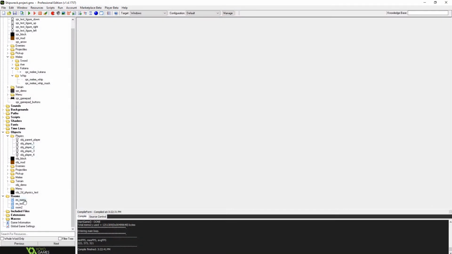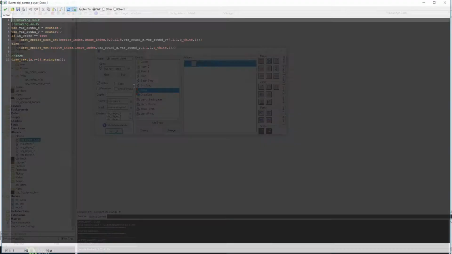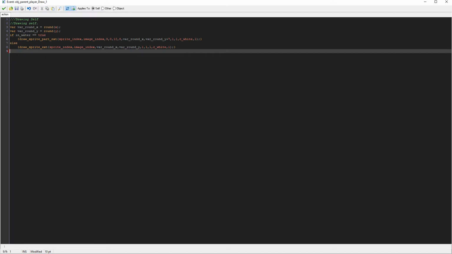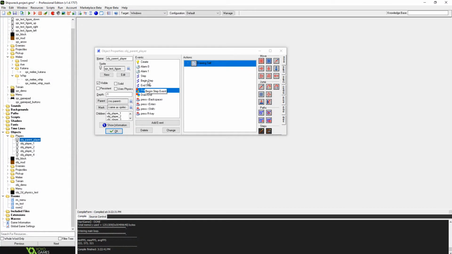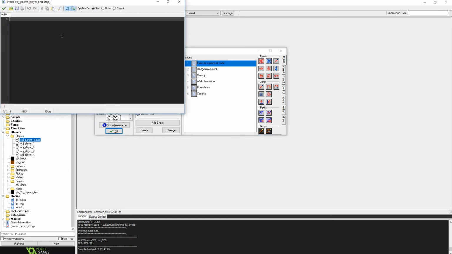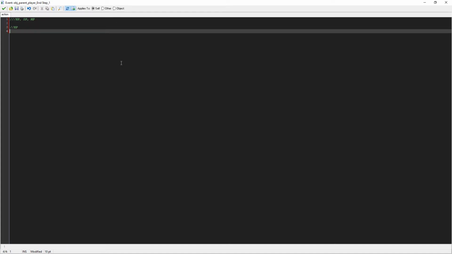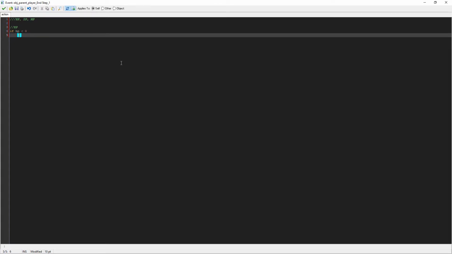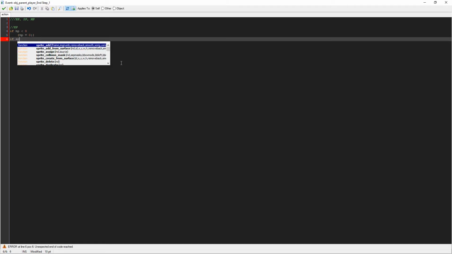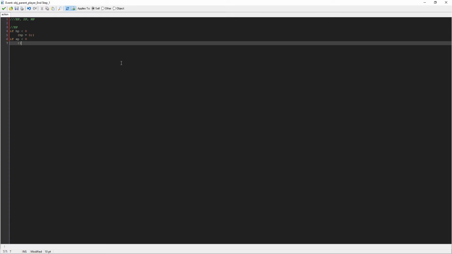Okay. Now we go back to step, execute piece of code, HP, SP, MP. First off, HP. If HP is less than 0, then HP equals 0. Okay? If SP is less than 0, then SP equals 0.